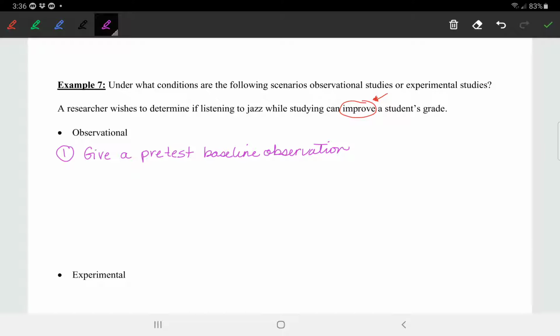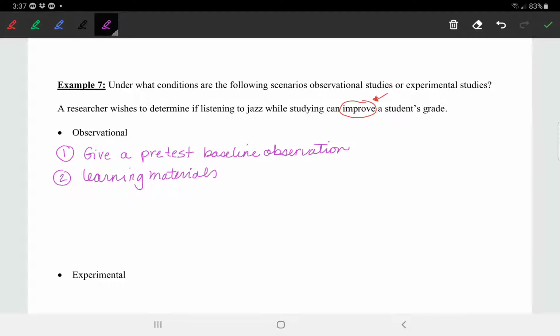Then, once we have this baseline observation, the researcher would give out, say, study materials to the sample, and leave them alone for a while and let them work with the learning materials. Now, while you're leaving them alone, what's going to happen?